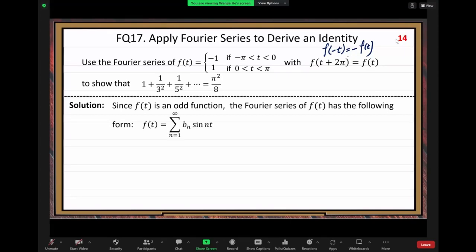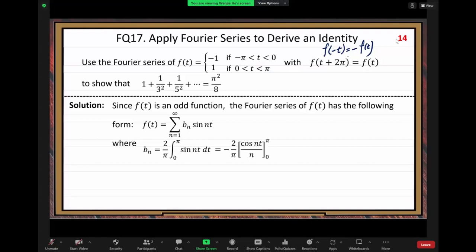That is, we only have the sine terms. All the a coefficients are 0. So we only need to calculate the b coefficients, using the formula for the b coefficients. It's pretty straightforward.